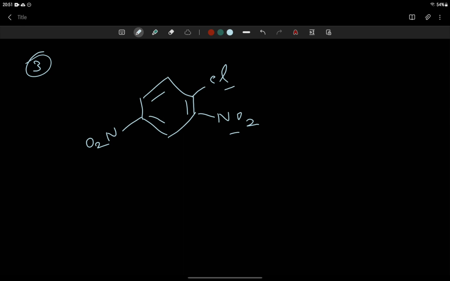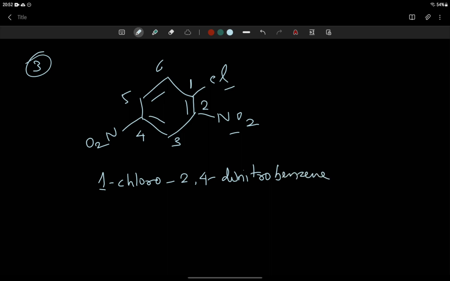So I will write Cl first, and you have to number the carbon atoms of the ring in such a manner that the substituents get the lowest possible numbers. The prefixes of the substituents should be written alphabetically. So 1-chloro-2,4-dinitrobenzene is the name, right?